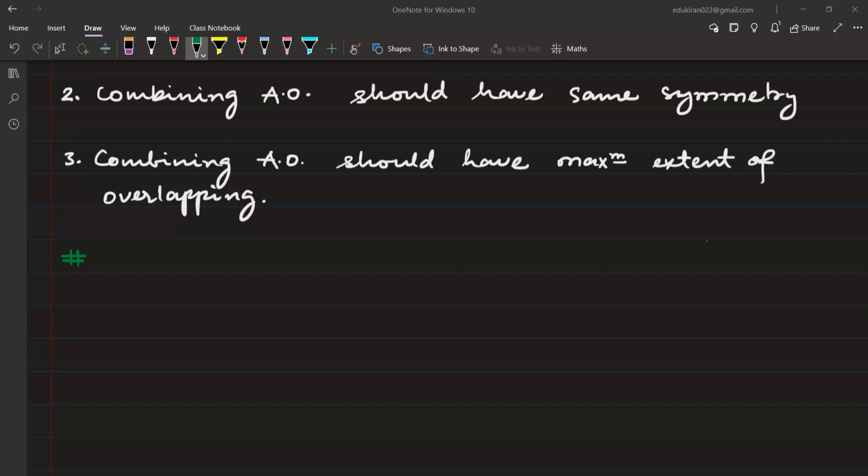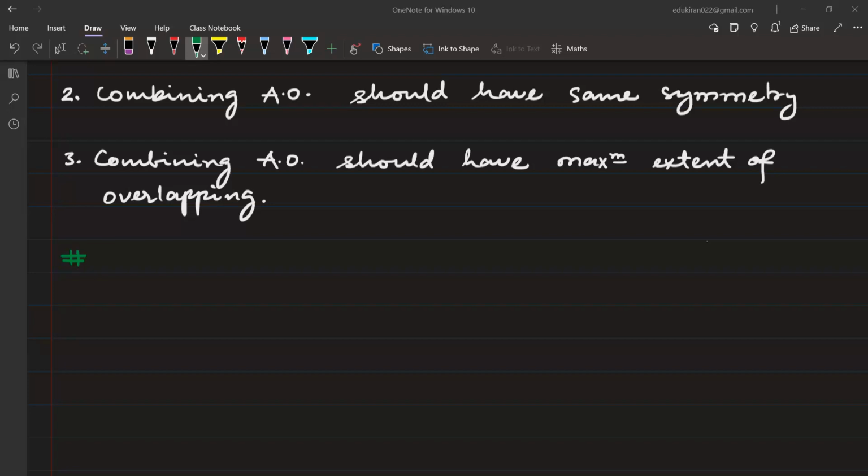If you remember, we had different atomic orbitals: 1s, 2s, 2p, 3s, 3p, 4s, 3d, 4p, right? So we arrange the different atomic orbitals in increasing order of their energy. Remember that, Sarah, Siddhika, both of you? Yes, sir. So here, when we get molecular orbitals, we have to arrange them in increasing order of their energy.